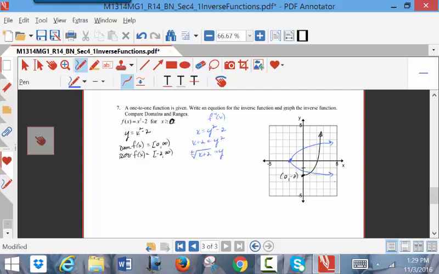Knowing this is a reflection over the line y equaling x, do I keep the top half or the bottom half? Is the inverse the top half or the bottom half of that blue graph? Top half. So I need to erase the bottom half, which means that my inverse function is just the positive version of the radical.